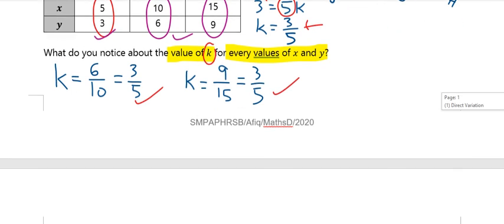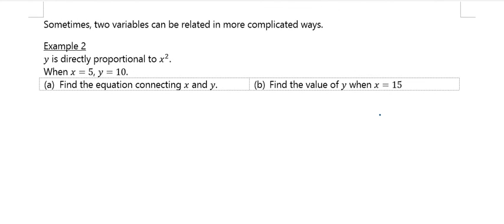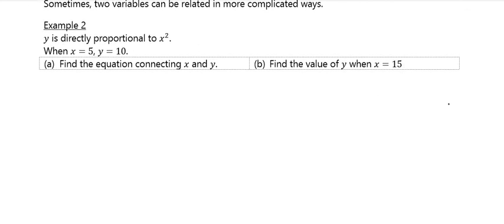All right. Now let's have a look at what if you have two variables that are related in more complicated ways. You can see the question, example 2, y is directly proportional to x squared. And you are given two values initially: when x equals 5, y equals 10. So let's straight away go into part A, find the equation connecting x and y.